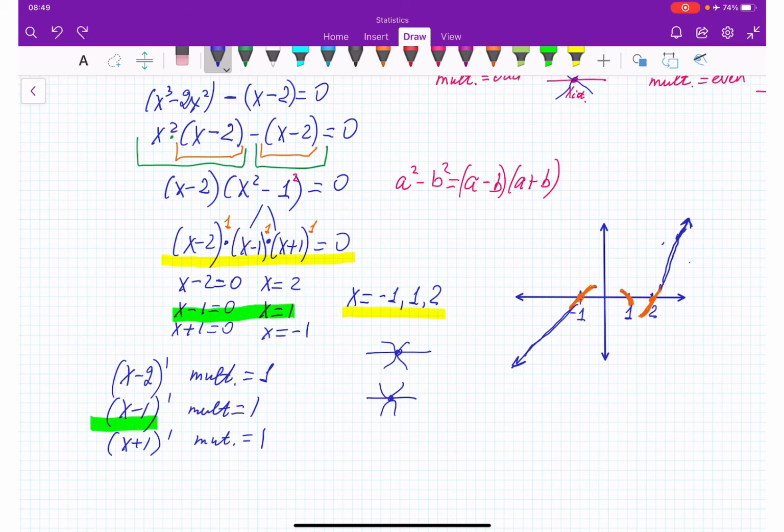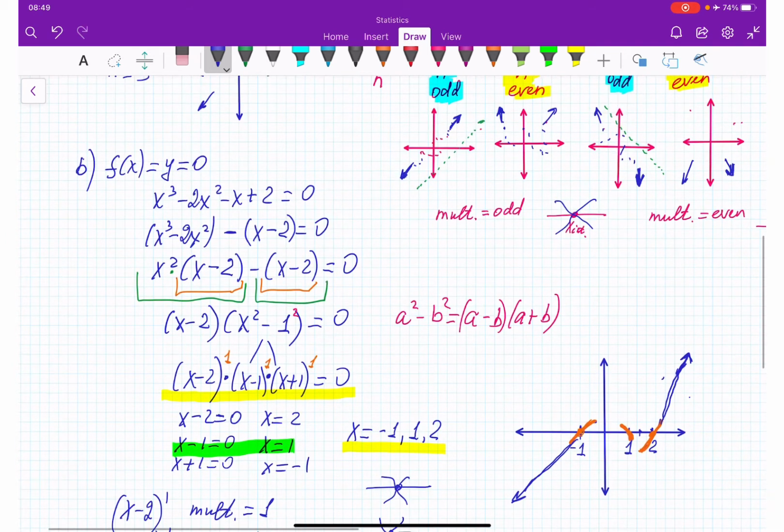How do we know which way it's going? If we are interested, we have to take some point at, let's say, 1.5. Plug it into our original problem, right here, and calculate to see how much my y will be. I just don't want to do it right now because 1.5 is not a good number, but you can take a calculator and do it.